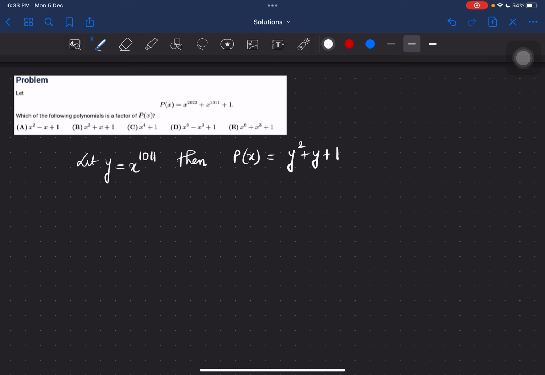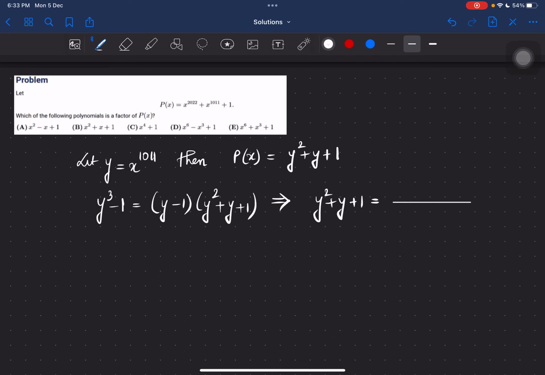Seeing this, we can recall one formula. y^3 - 1 is nothing but (y - 1)(y^2 + y + 1). So from here we can write y^2 + y + 1 as a fraction of two polynomials, (y^3 - 1)/(y - 1).